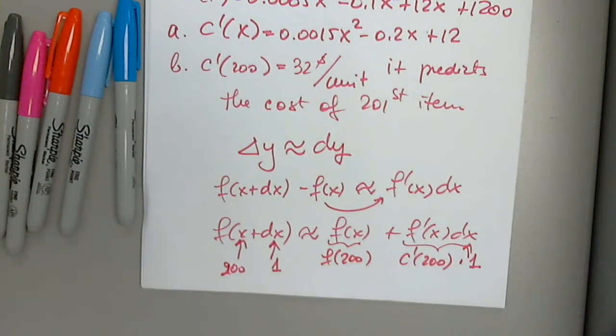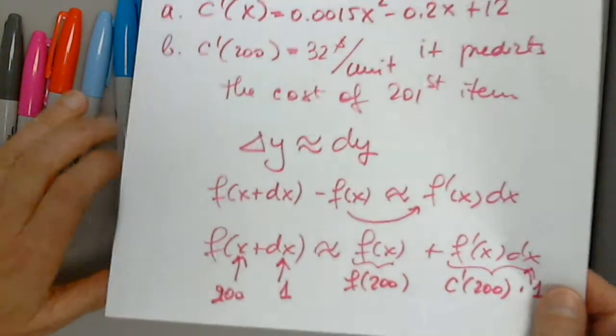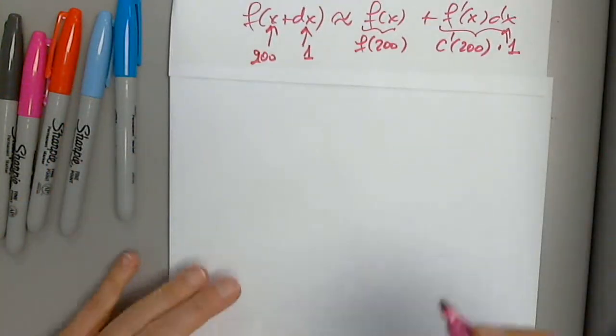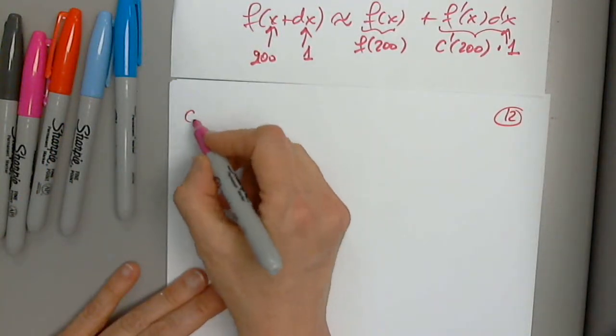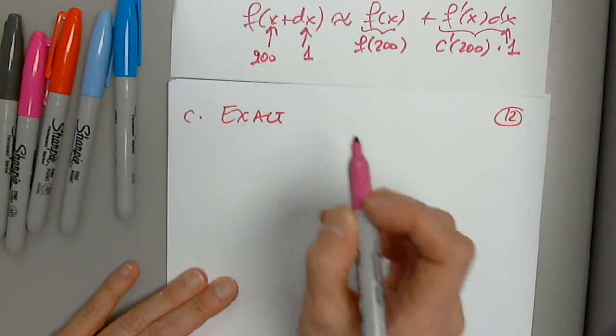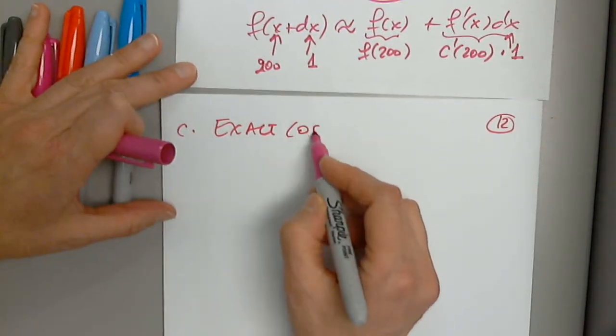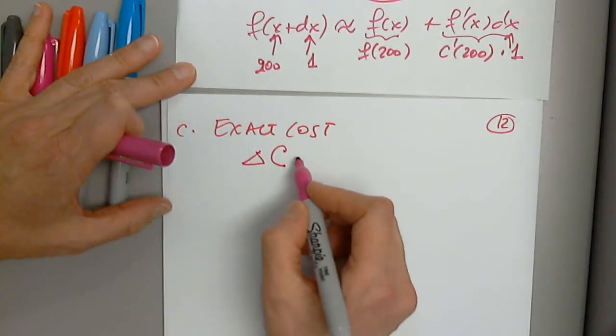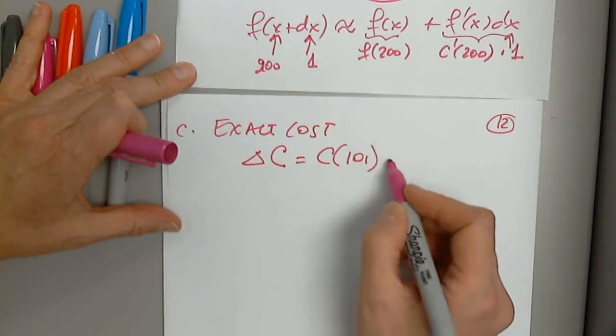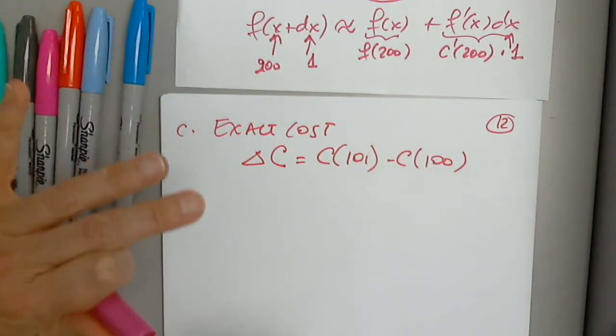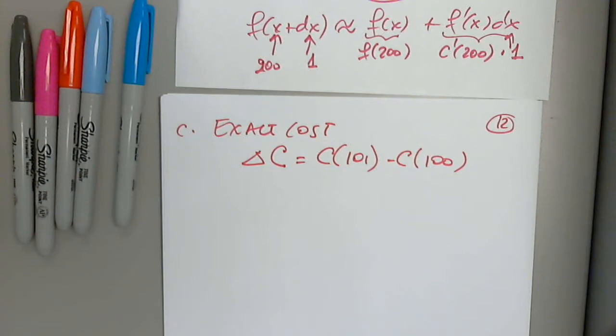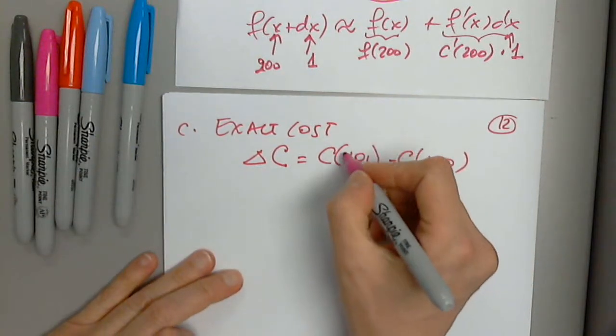Okay, part C. Compare your answer from part B with the exact cost of producing the 201st item. How do I determine the exact cost? The exact cost is delta C, which is C of 201 minus C of 200. Oh, I'm sorry.